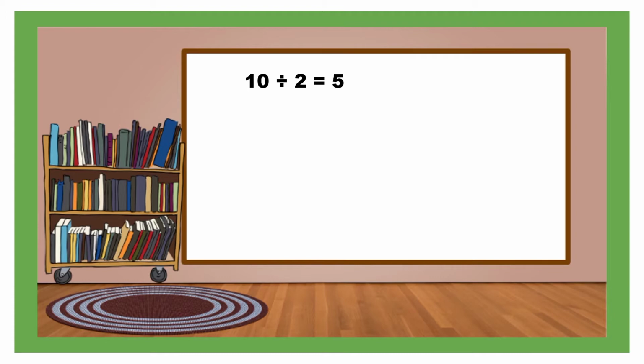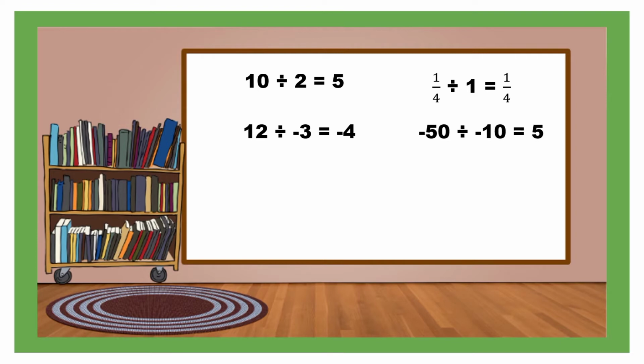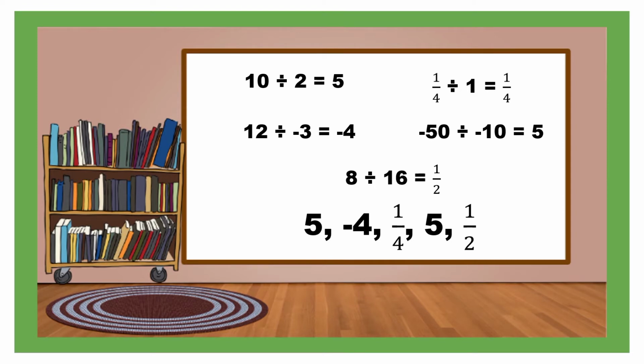All answers we got in the previous activity: 10 divided by 2 equals 5, 12 divided by negative 3 equals negative 4, 1/4 divided by 1 equals 1/4, negative 50 divided by negative 10 equals 5, and 8 divided by 16 equals 1/2. 5, negative 4, 1/4, 5, and 1/2 are examples of ratio. We need the concept of ratio in order to understand the next sequence.